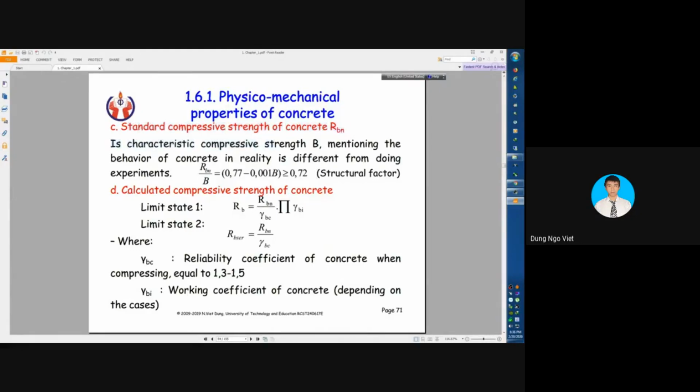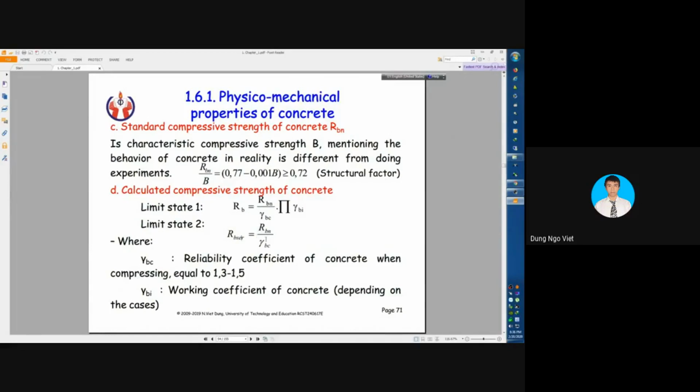Besides, we have the calculated compressive strength of concrete, and this value is used in the calculation of the limited stage 1. And this is the calculated compressive strength RB. And this is the calculated compressive strength for the limited stage 2, RB,ser.